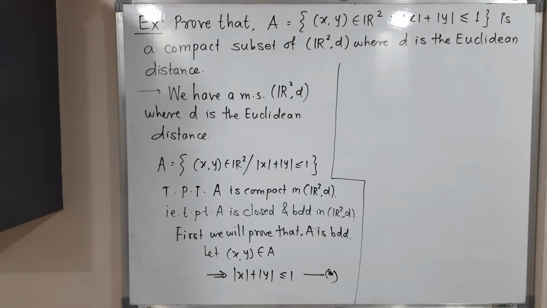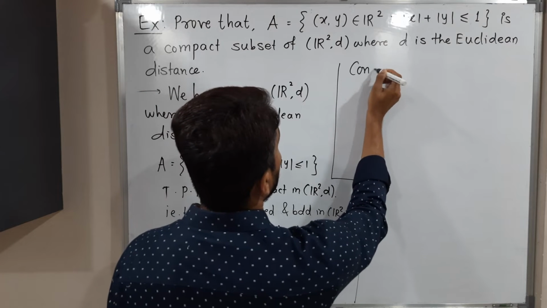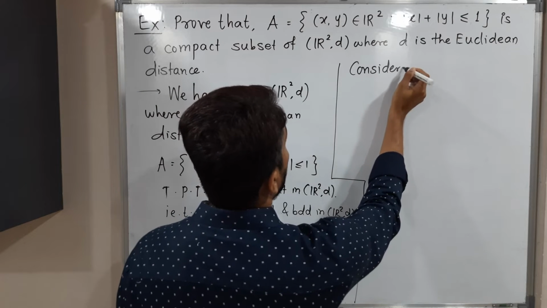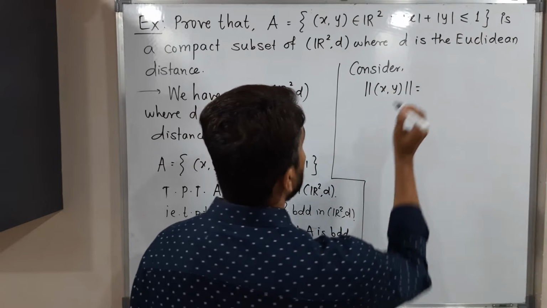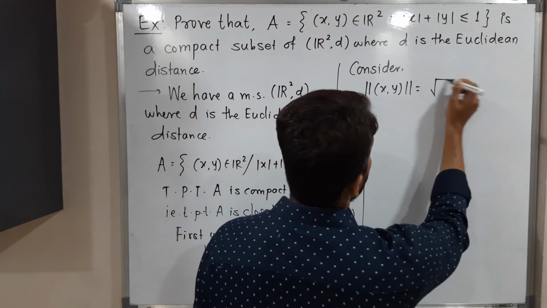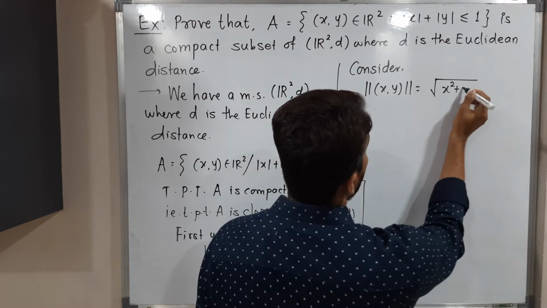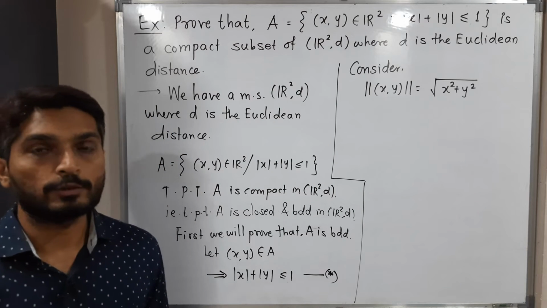So let us find. Consider the norm of (x, y), which is equal to, so we are familiar with the definition of norm, the square root of x squared plus y squared, right? I will take the square of both sides to remove the square root.